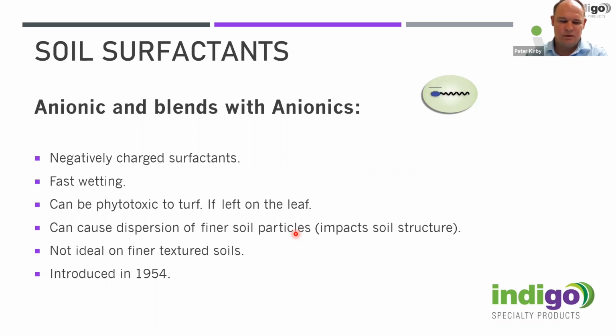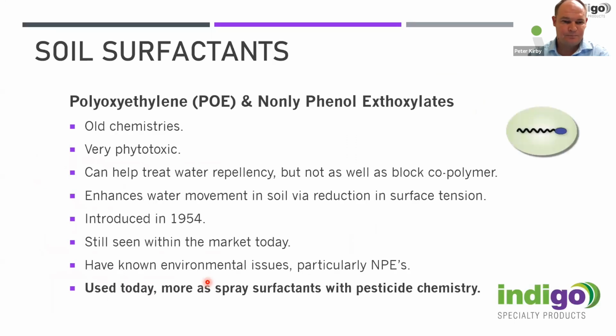So we start losing moisture holding capacity if we use those products in the summer months of the year, and as a result, they're not ideal on finer texture soils in those summer months. Obviously introduced in 1954.